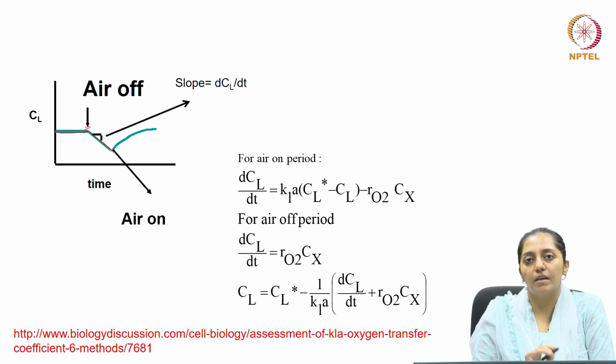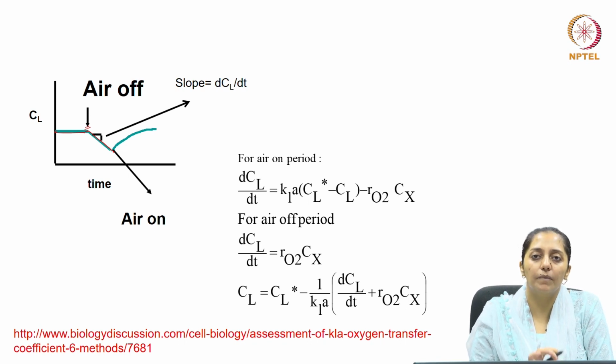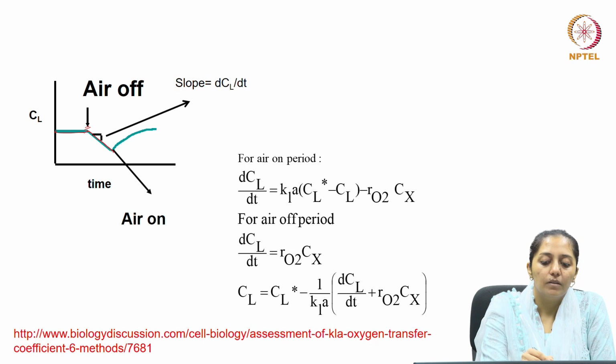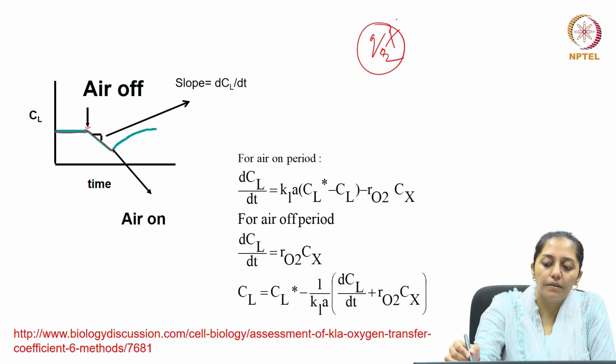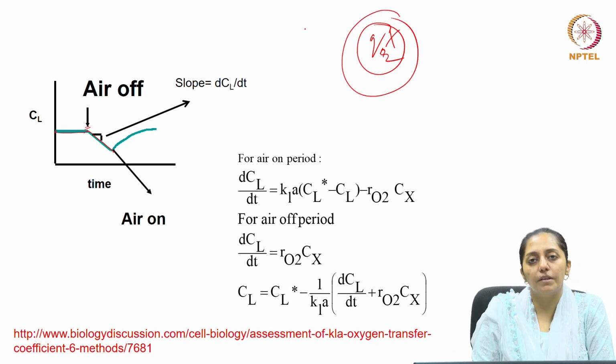So, the x can be assumed to be nearly constant. So, if QO2 is the specific oxygen demand and x is the biomass, this will determine the oxygen demand or oxygen uptake rate.